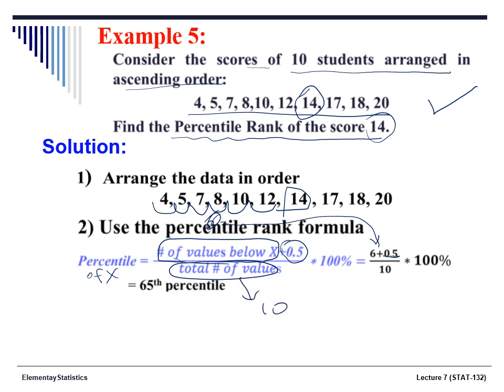We have 10 values here. 1, 2, 3, 4, 5, 6, 7, 8, 9, 10. So that will be 6.5 divided by 10 times 100. So 14 is in the 65th percentile. So it means it's more than 65% of the data.